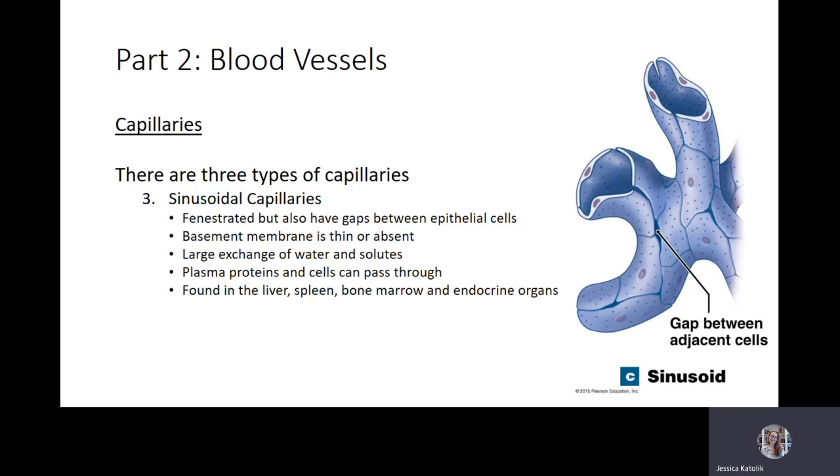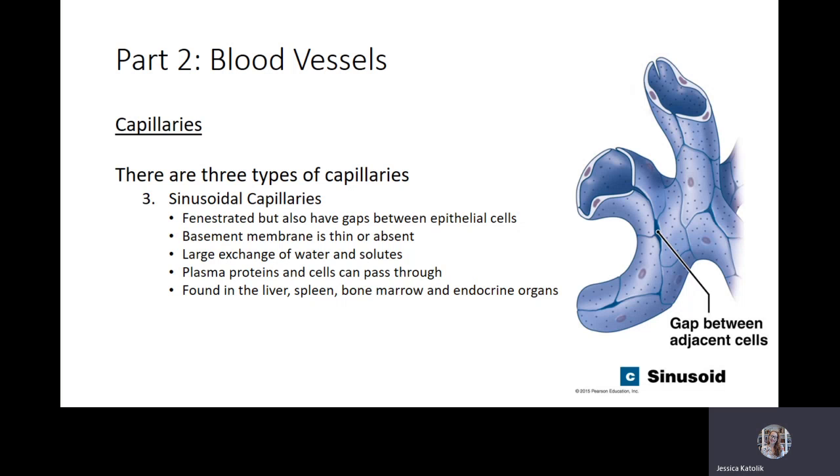So where are these things located? One really good example is bone marrow. Remember, bone is responsible for making cells. And so those making cells, specifically blood cells, those red blood cells and white blood cells actually have to enter circulation. And so they're going to actually enter circulation through these sinusoidal capillaries, going through these gaps between the cells.